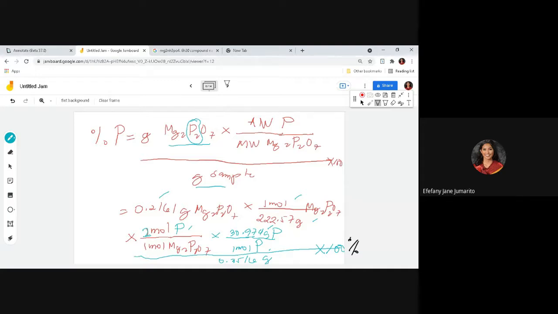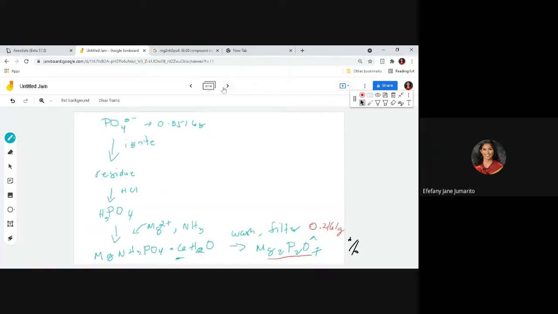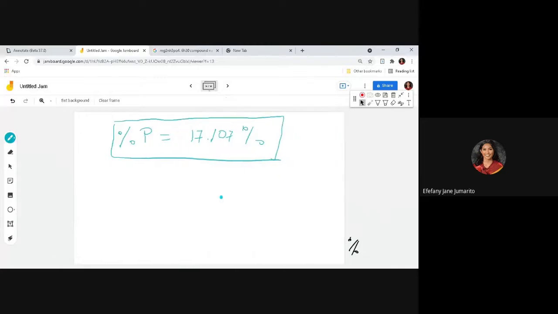So I calculated it, class, and that is 17.107%. So percent P is 17.107%, meaning the phosphorus in your sample is just 17.107%.